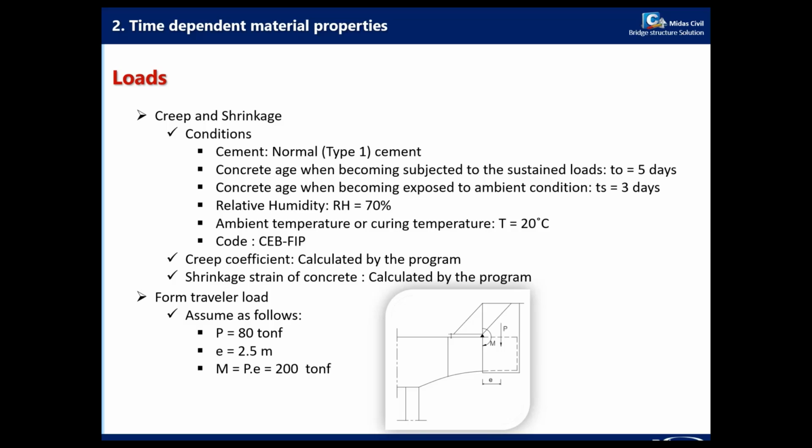So for those who watched my previous video about the introduction of Midas Civil, I said that in Midas Civil we can model the structure using 3 different methods. The first one was the node element method when we do the geometrical modeling of the structure, we use a node element.